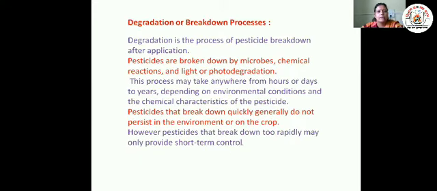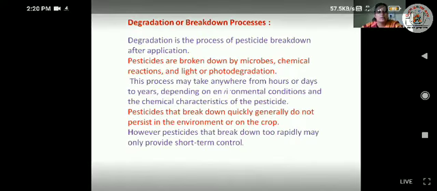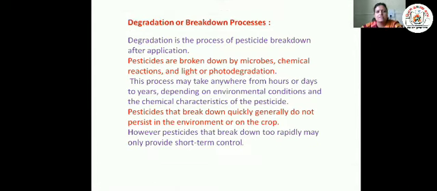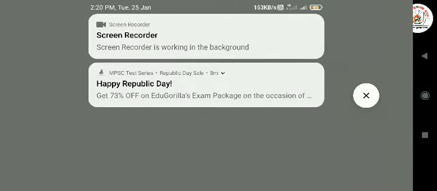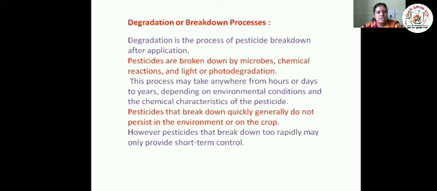Degradation or breakdown process. What is that process? Degradation is the process of pesticide breakdown after application. These pesticides are broken down by microbes, chemical reactions, or light, which is photodegradation.